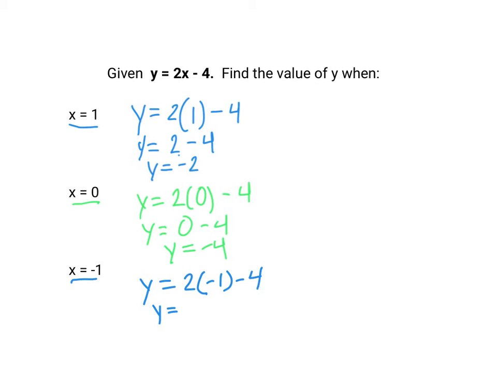Notice how each step I'm keeping my y equals there. 2 times negative 1 is negative 2, and then minus 4. One more step. So negative 2 minus 4 is negative 6. So that means when x equals negative 1, y equals negative 6.